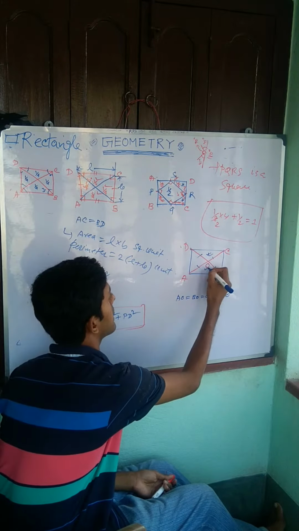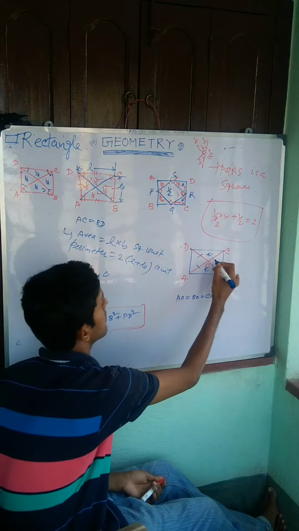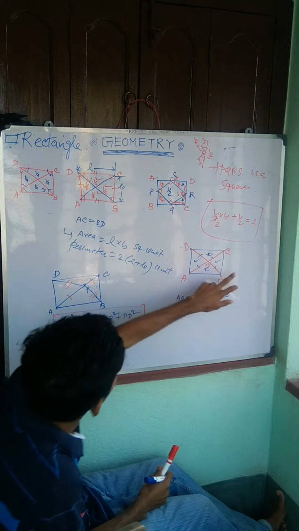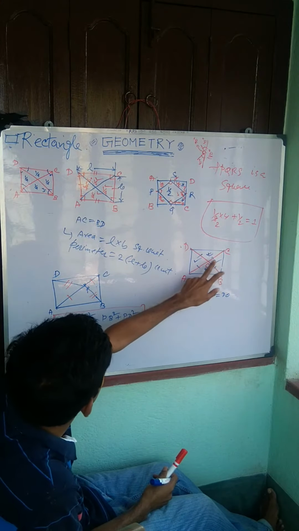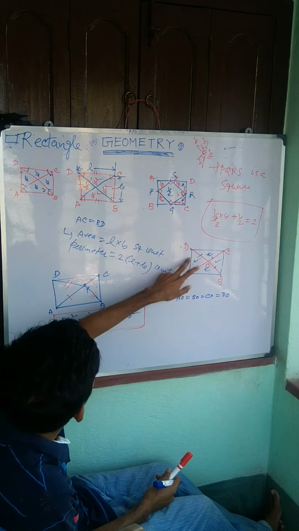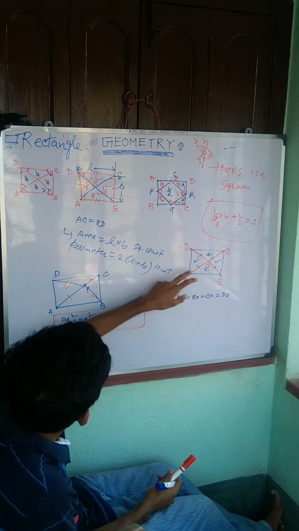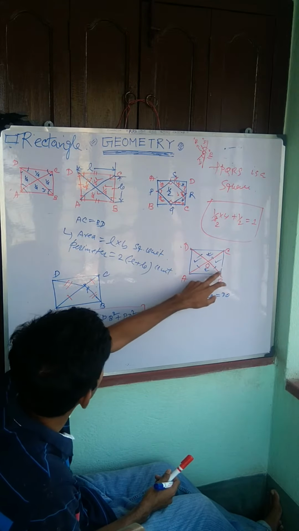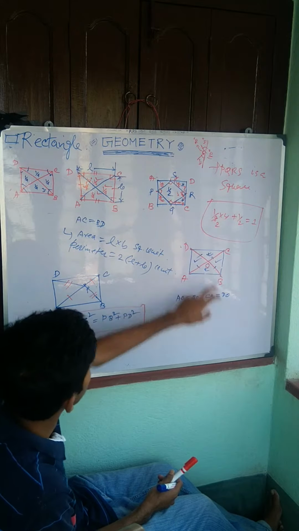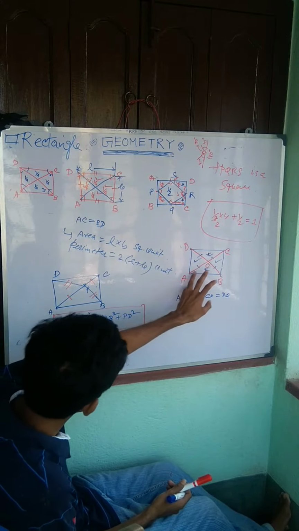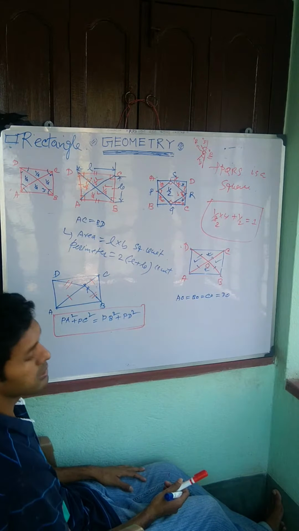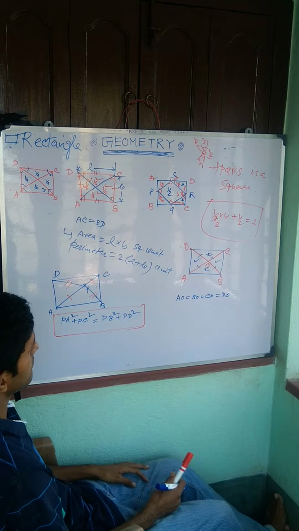This triangle is congruent to this, and this is congruent to this, because this is parallel to this, these opposite angles are the same, and these sides are equal. These alternate angles are the same. And also one more property: AO equals BO equals CO equals DO, and also AC equals BD. It is very simple.